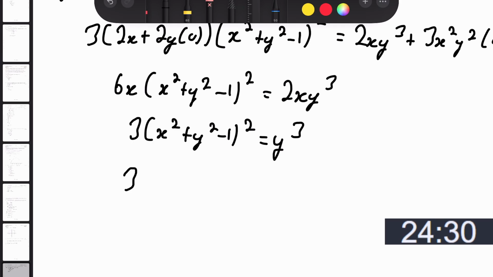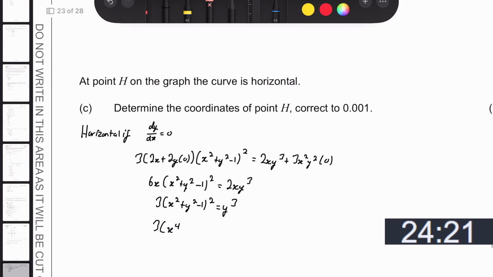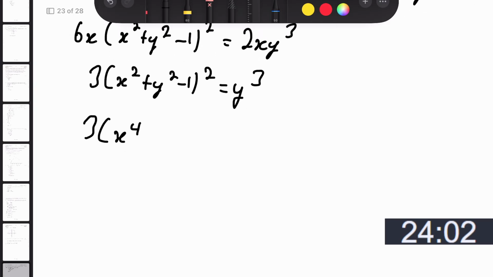I don't like this. There's 3 on x to the 4. Oh, wait, what? Graph is horizontal. Let's do this on my CAS.